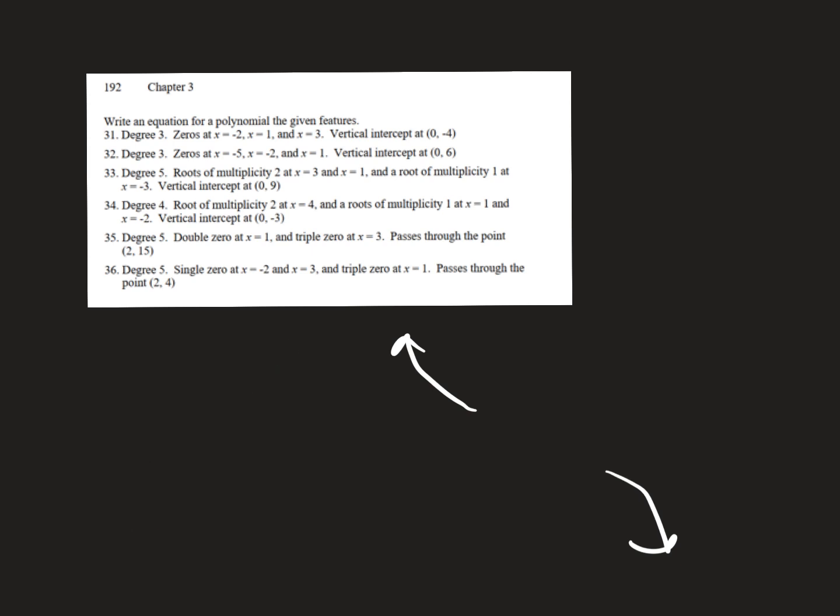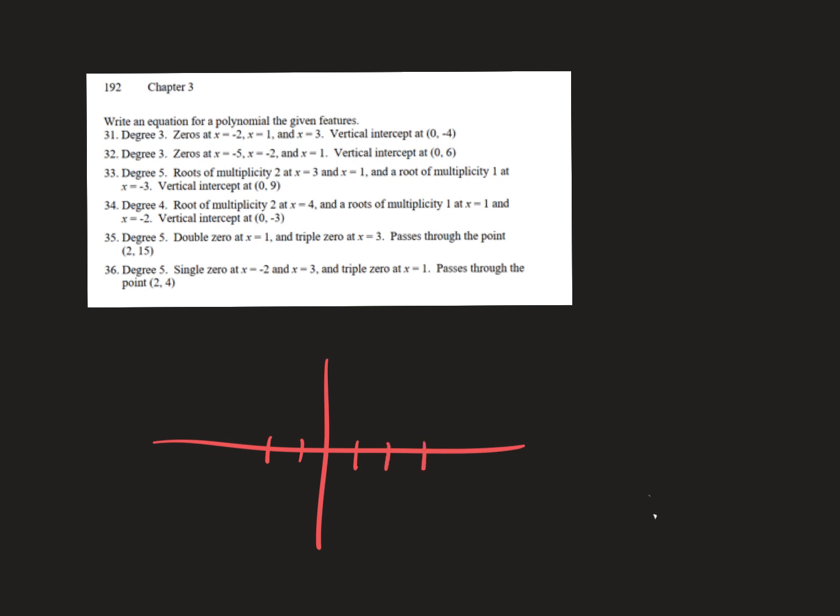So what am I going to do? I know that's the ending behavior. I know that I've got zeros at -2 and at +3, and it passes through the y-axis at -4.